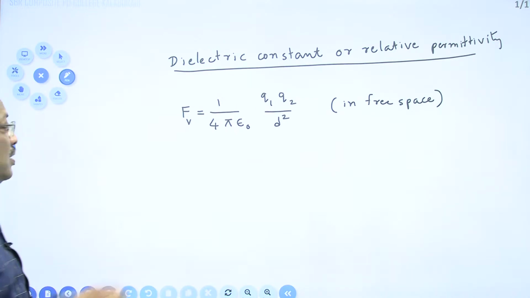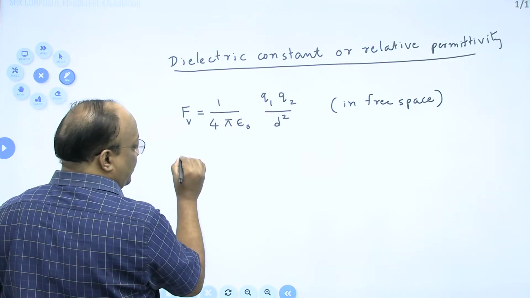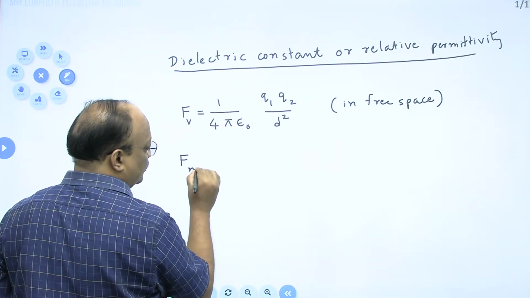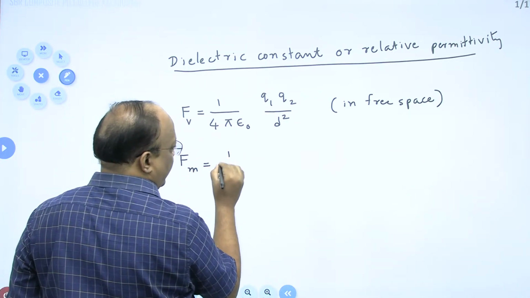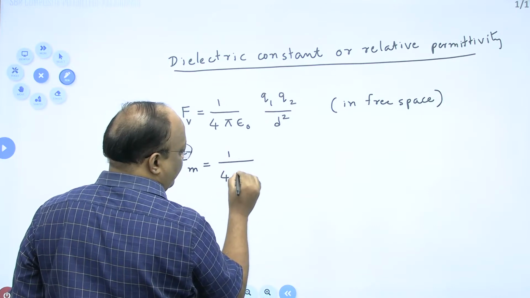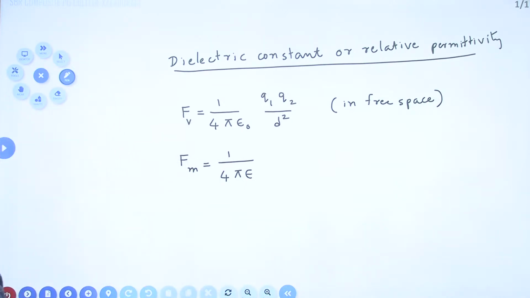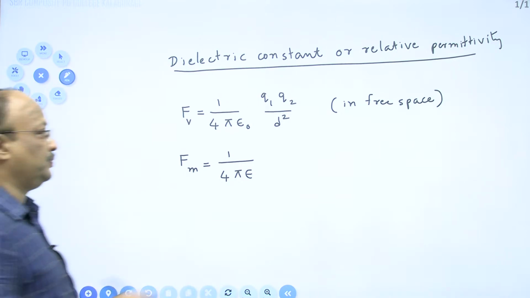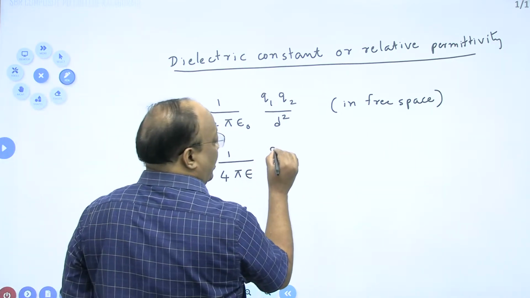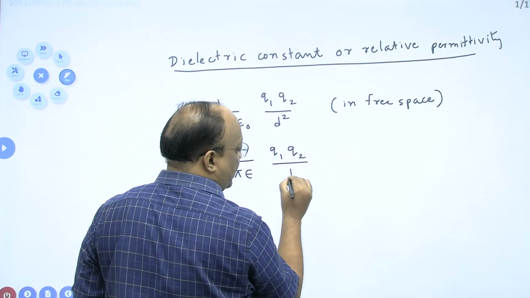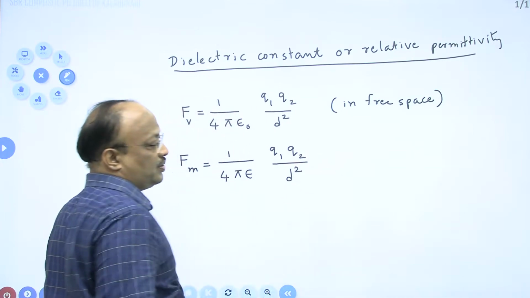The force in a medium, I will write it as 1 by 4 pi epsilon, only epsilon. Same charges, q1, q2, separated by same distance.